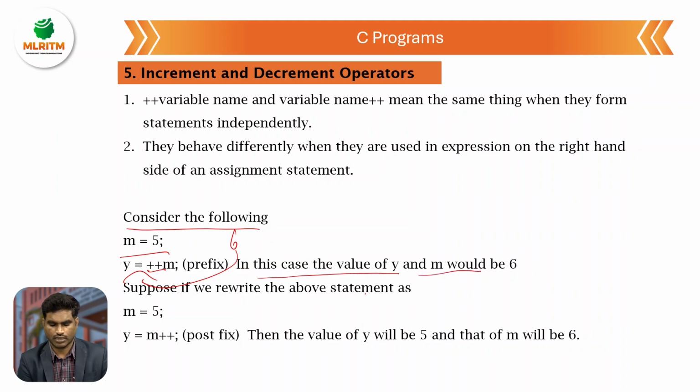Suppose we rewrite the statement as Y = M++ with M = 5. M value is 5, and that value is assigned to Y. Then the value of Y will be 5 and M will be 6, because after the assignment, the value is increased. Prefix means first increase, then assign the value.